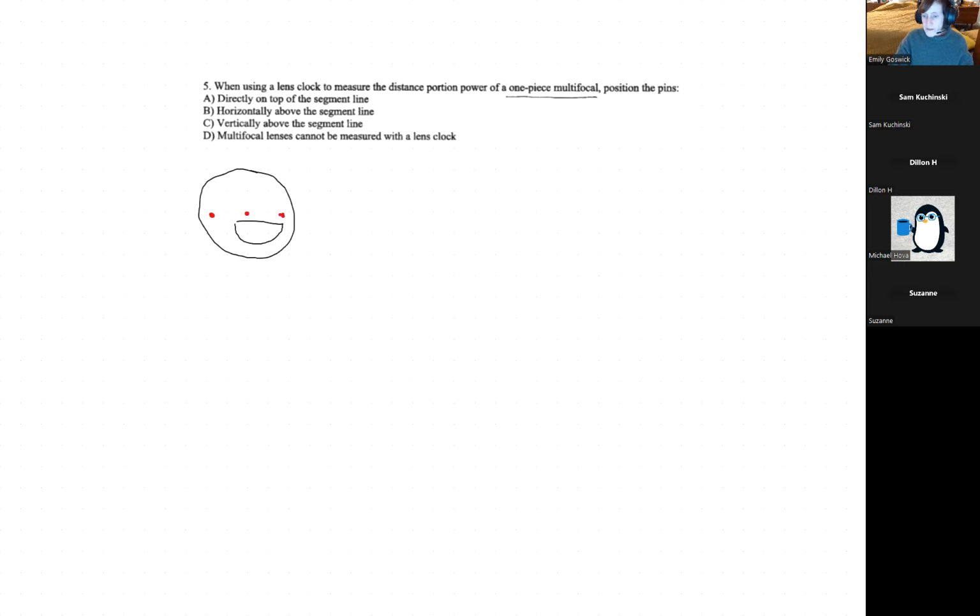It wouldn't make sense to go vertically and put one of the pins on the segment, because then one of those little legs is going to be raised up and you're not going to get an accurate base curve measurement. So long story short, you would want to go across horizontally and above the segment line. Okay, so B is the answer in that case. I should probably type that in there so that if you're ever looking at this again, you can see that.